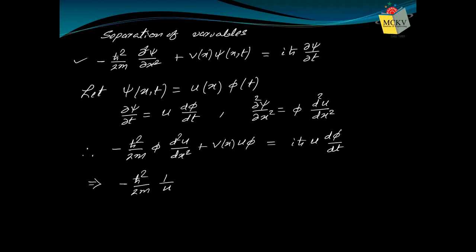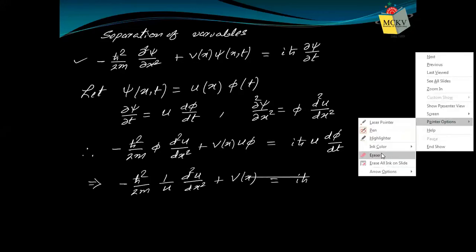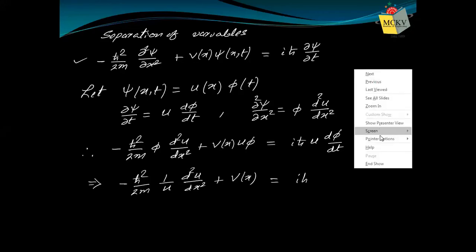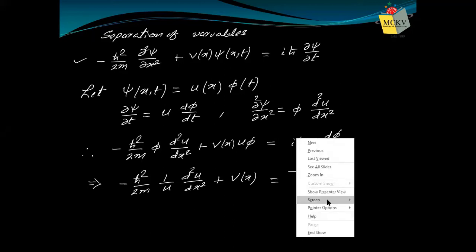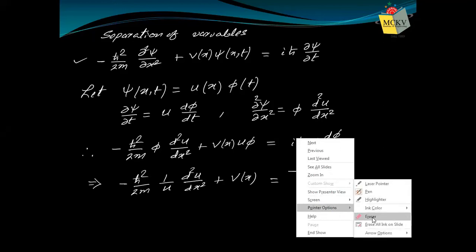This one, 1 by u, d2u dx2 plus only V(x), because we are dividing by u phi, equal to i h cut 1 by phi d phi dt. Now check your copy.